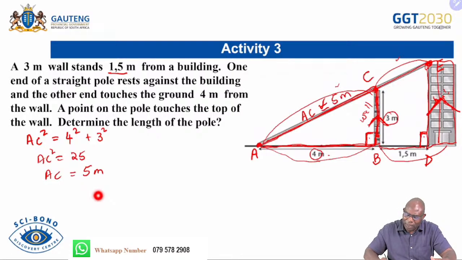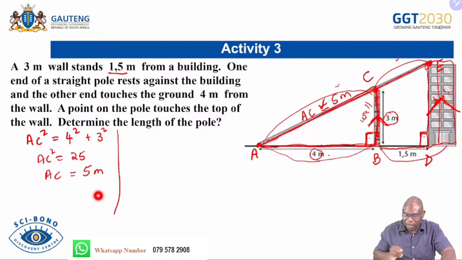But I need this part CE here. I'm going to get CE. Now I see, I can use my proportionality theorem. Remember, I must also write the reason. The reason for this, remember, is the proportionality theorem, and then I must write down the two sides that are parallel.